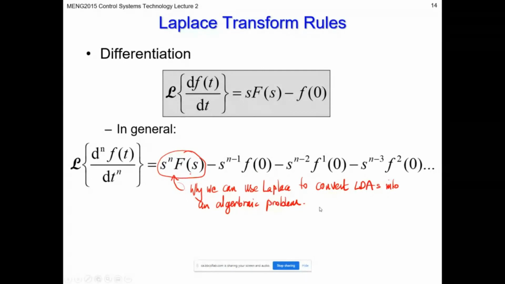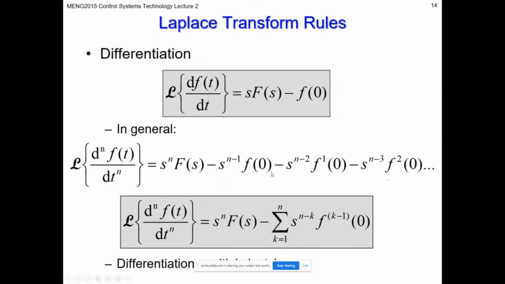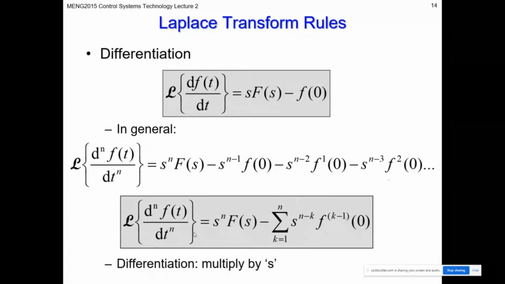So very important result. Let me rub this out now so that you can read the next part of the slide. Hopefully you got that memo before it was erased. Right, so this is the general expression, s to the power of n times our basic Laplace transform f of s.